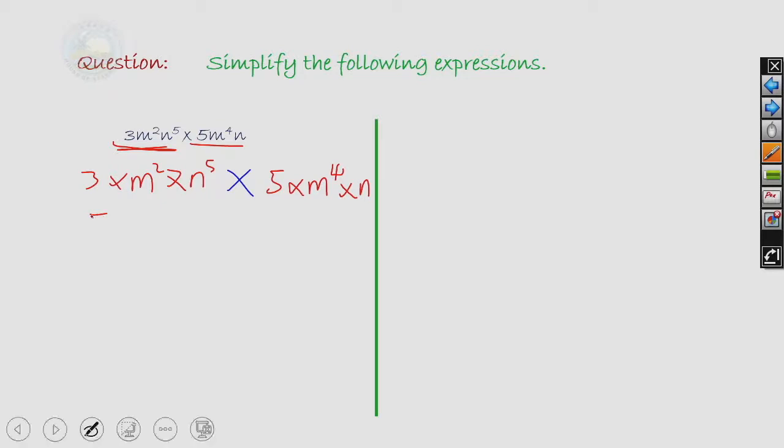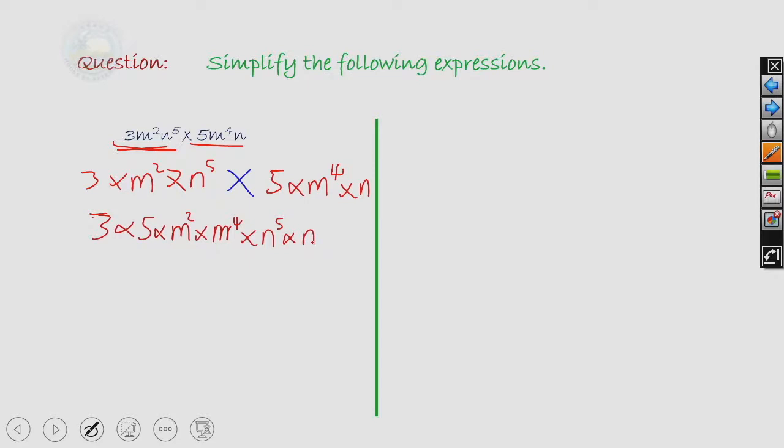So remember, according to the commutative property, we can rearrange them and the answer is still going to be the same. So this is 3 multiplied by 5, multiplied by, I'm putting my m's first, m squared multiplied by m to the 4th power, multiplied by n to the 5th power multiplied by n.